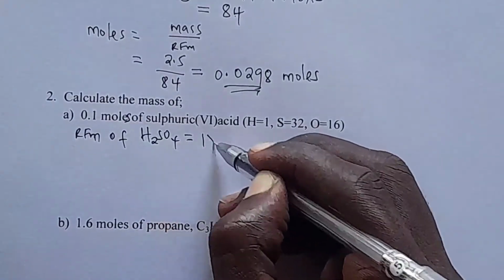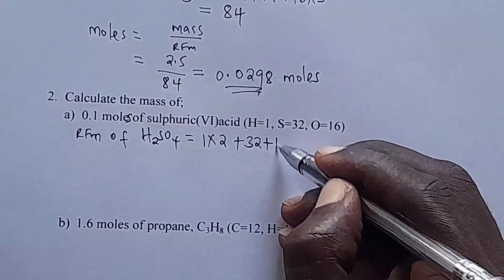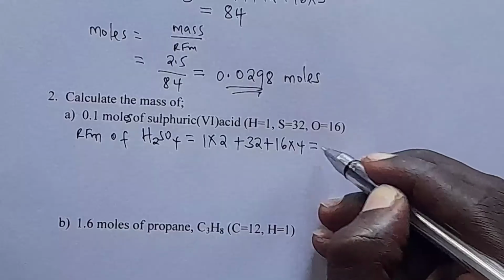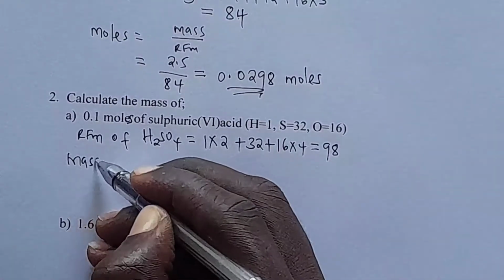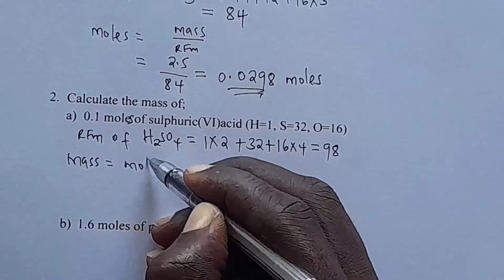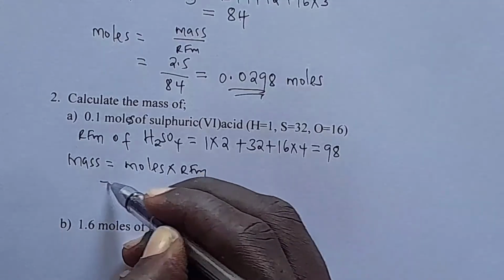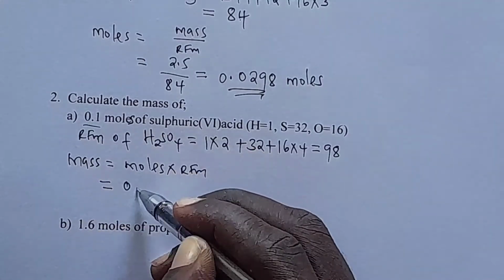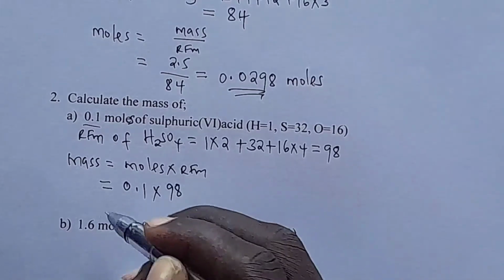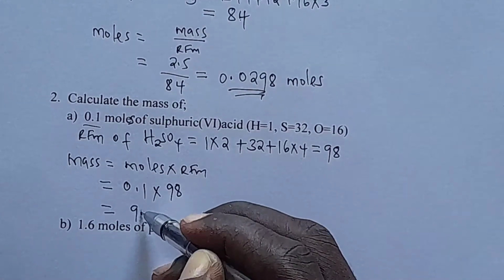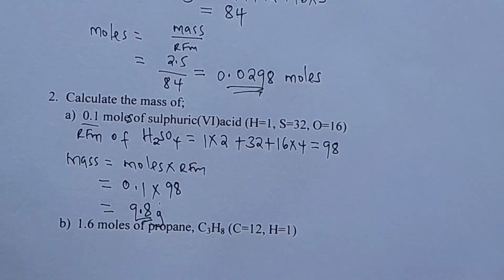So here I'm having 1 times 2 for hydrogen, plus 32 for sulfur, then plus 16 times 4 for oxygen. This will be 98. So mass will be equal to moles times molar mass, or RFM. My moles is 0.1, it has been given, times 98 for my RFM. So this will give you 9.8 grams of sulfuric acid.